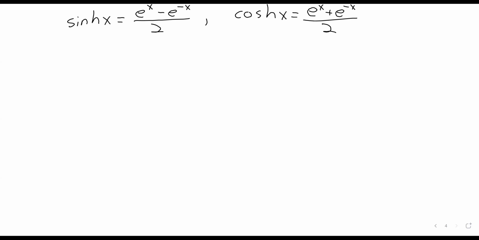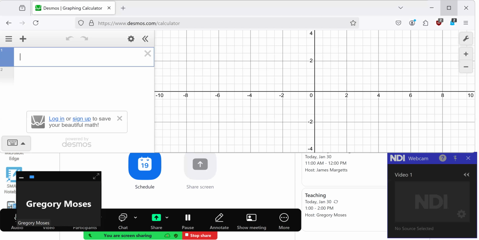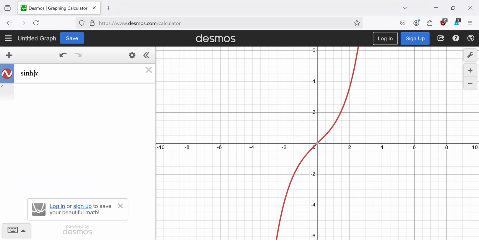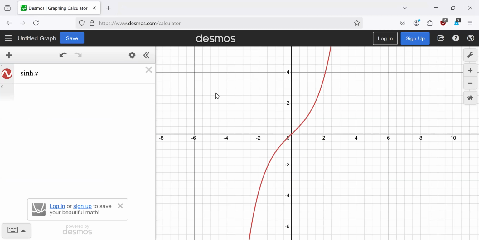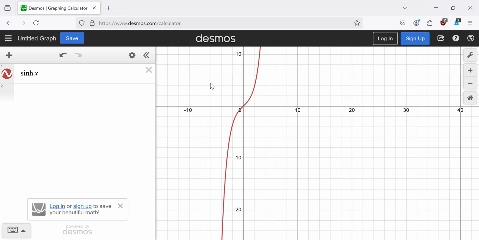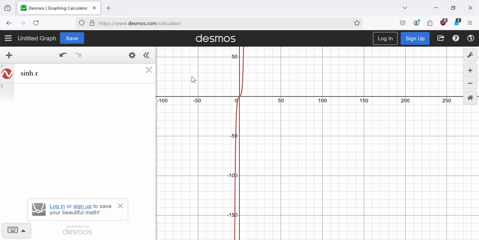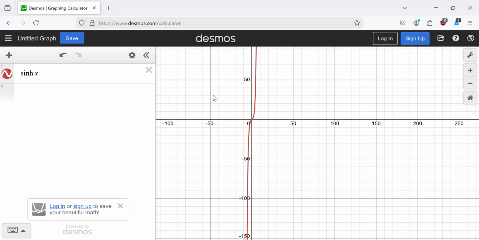So if I go to Desmos and look at the hyperbolic sine, it looks, I guess, vaguely like a cubic polynomial.